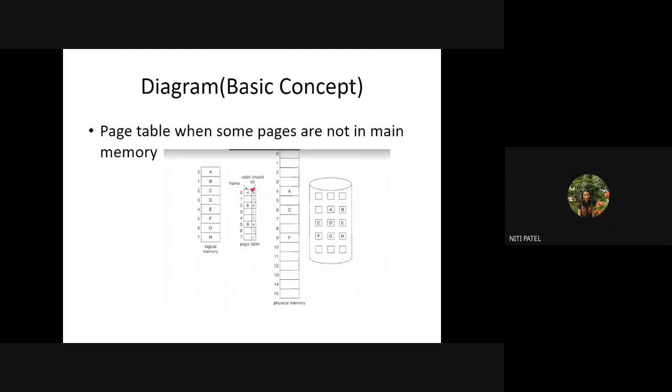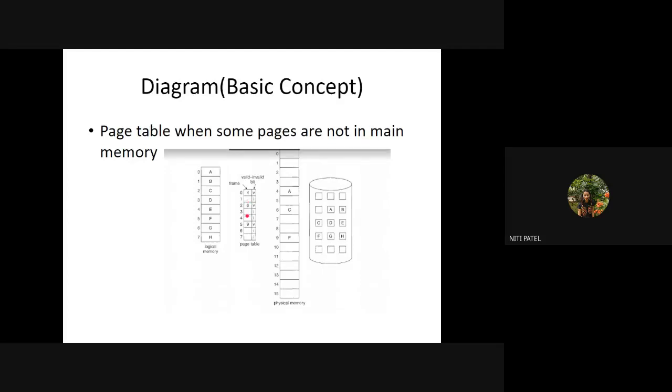Yes, ma'am. Now can you see one more bit over here, which is written as VI, something like that. It is called the valid or invalid bit, which means what? If a frame number is present, that means you have the data and therefore it is called a valid bit.